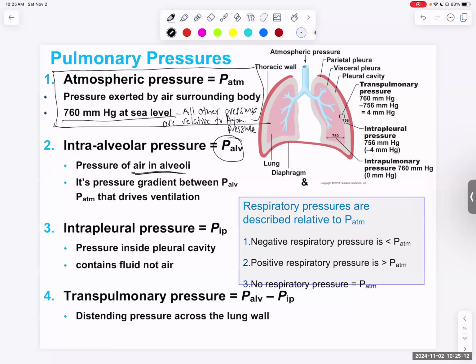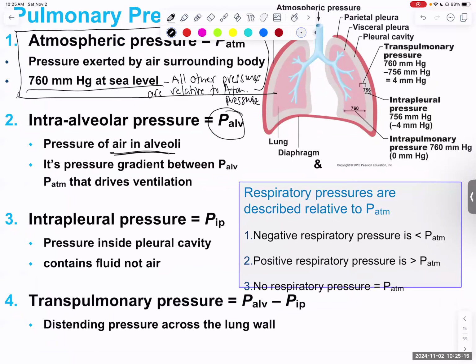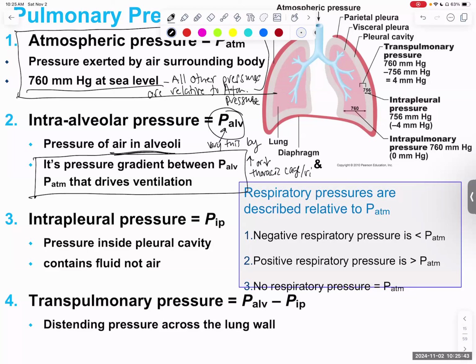So this is the pressure of air in the alveoli, and this is the pressure gradient that drives ventilation. Essentially, what is the pressure in the alveoli with respect to atmospheric pressure? Is it higher than atmospheric pressure or is it lower than atmospheric pressure? Because we can vary this by increasing or decreasing our thoracic cage or rib cage, essentially. So we're going to talk about that.